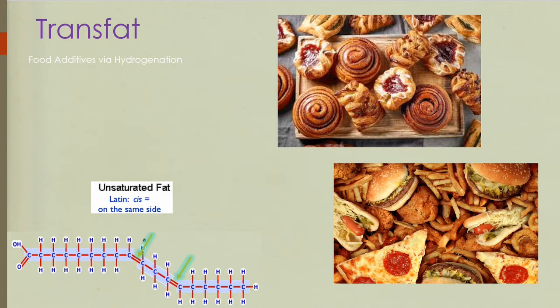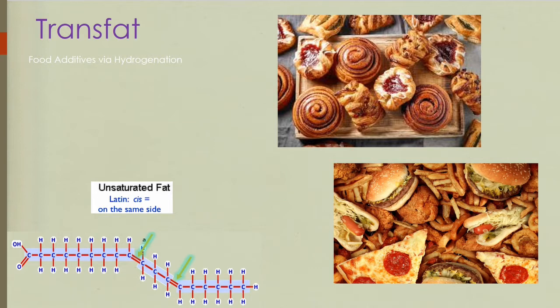Now, if you look down below, there is a chain of fatty acid of the unsaturated nature, and you may see that there is a double bond of a C to C bond that makes the straight chain be broken, be kinked.